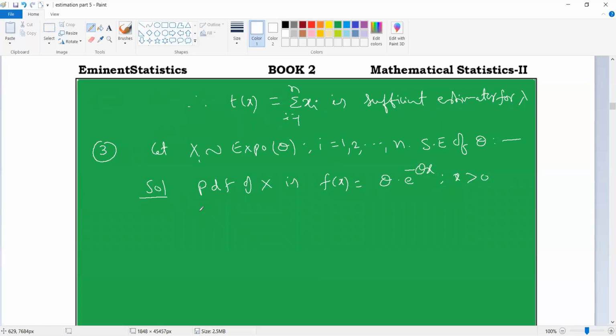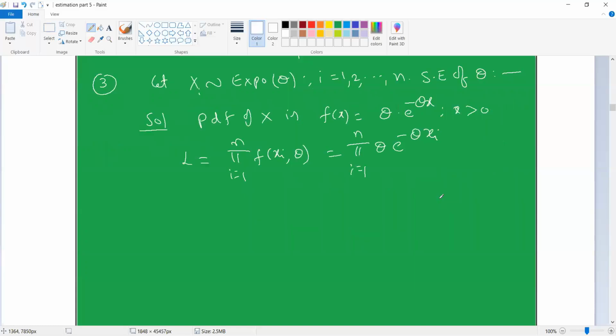For x greater than 0, the likelihood function is the product from i = 1 to n of f(xi, theta), which is the product of theta e^(-theta xi). L is equal to theta^n e^(-theta summation xi). So this can be expressed as g of t(x) under theta into h(x).